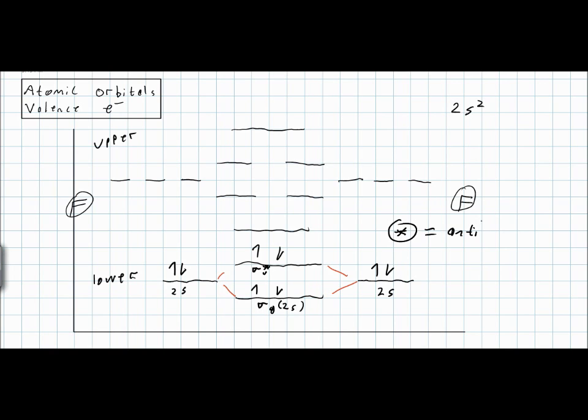So this is always associated with anti-bonds. And this is for the 2s, so sigma u anti 2s. If the anti-bond is equal to the sigma bond, the normal bond, then no bond is formed. But we'll talk more about that in just a moment.